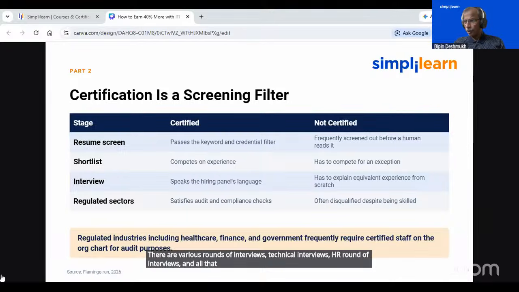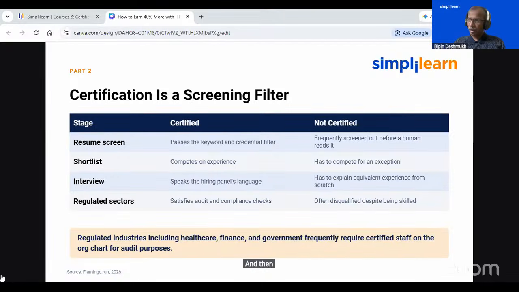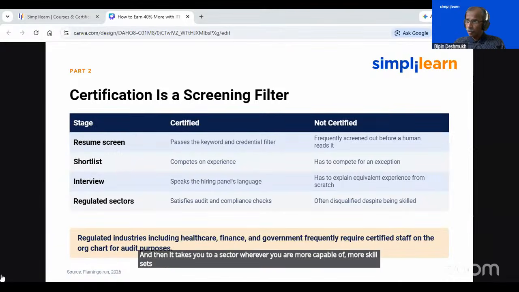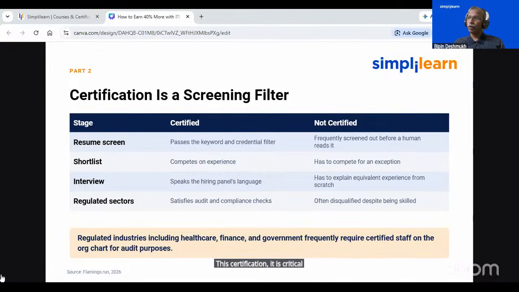But mostly in technical interviews, people will be understanding the application which you can do and what you have done using it, and then it takes you to a sector where you are more capable and your skill sets are more related. Please, it is important to focus on your core business sector also. Along with the certification, it is critical to focus on related sectors.